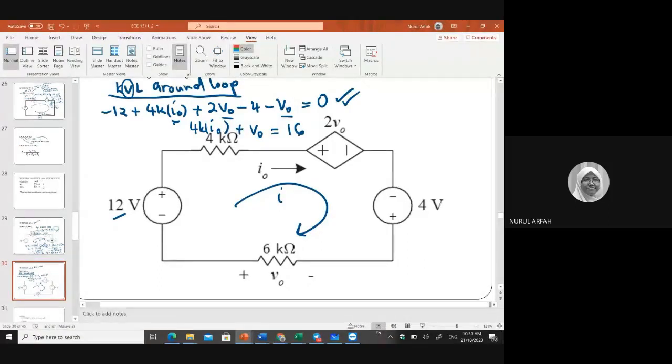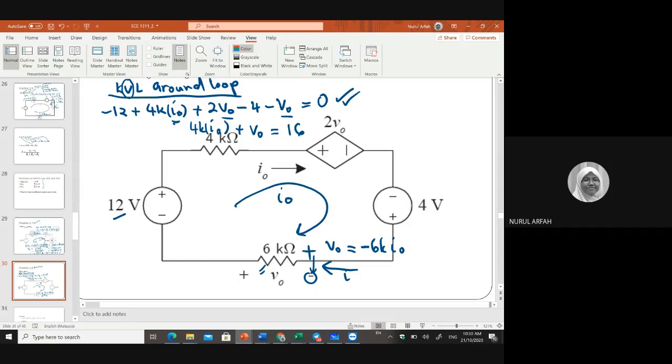So what is V0 equal to? Equal to 6K I0. Is it positive or negative? Negative. Even though entering current gives a positive polarity for this specific sign, since you have a negative sign here, you need a negative.